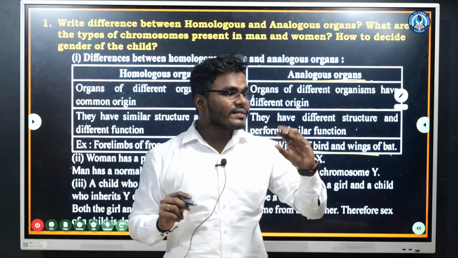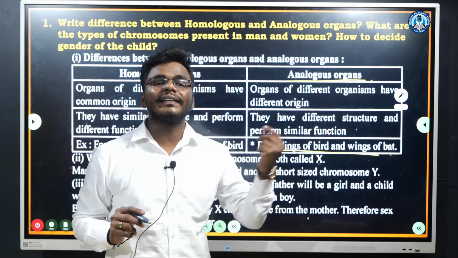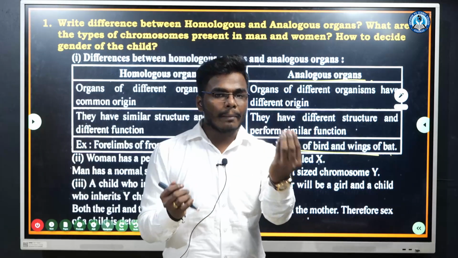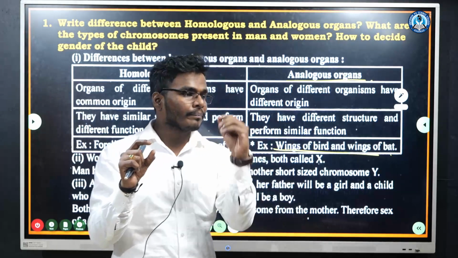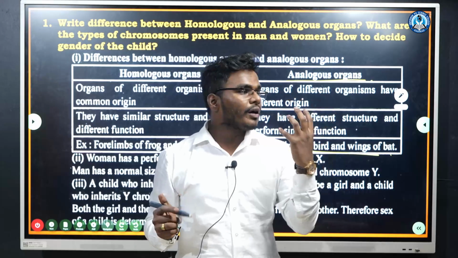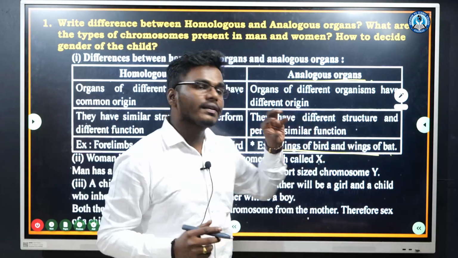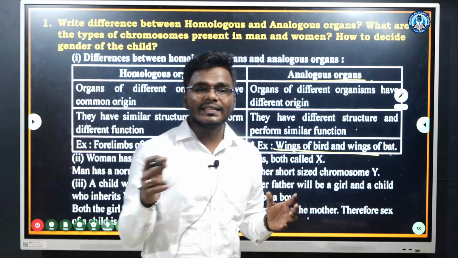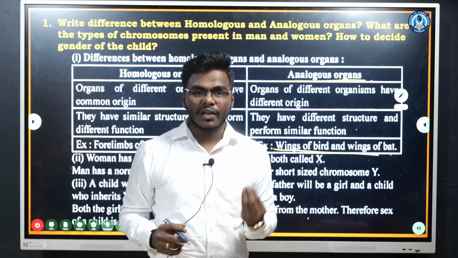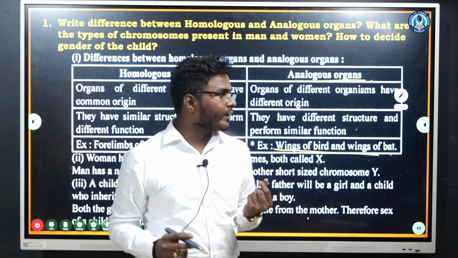But the insect wing is made up of chitin. When you compare the wing of a bird and the wing of an insect, the bird wing is made up of feathers, whereas the wing of the insect is made up of chitin material, which is a polysaccharide, right?